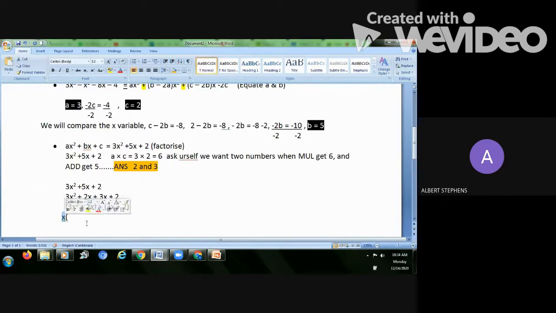So x into 3x squared, cancel out the x, you're going to get what? 3x. And over here you're going to get 2. And if you remember from CXC also, these 2 brackets that you get will have to be the same. What's a common factor right here? 1. It will be 1. And then it would have to be the same thing in there.